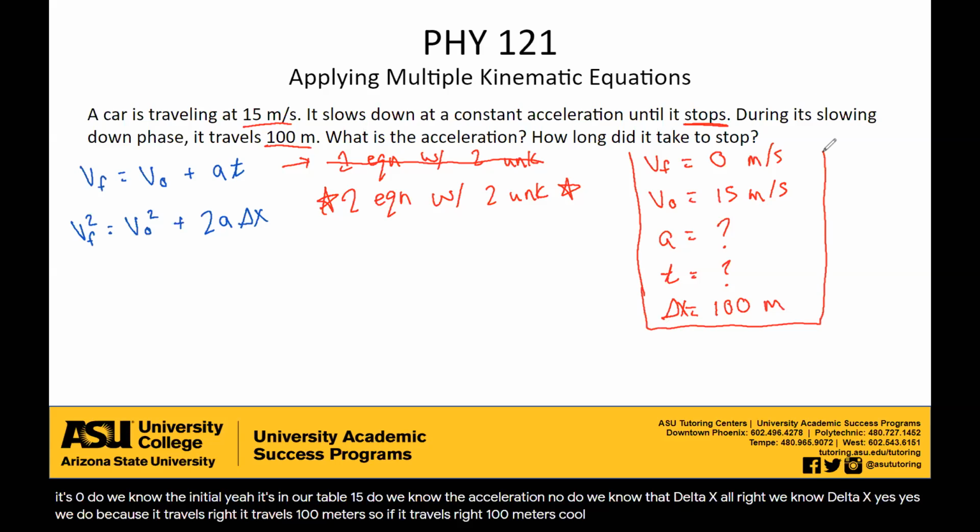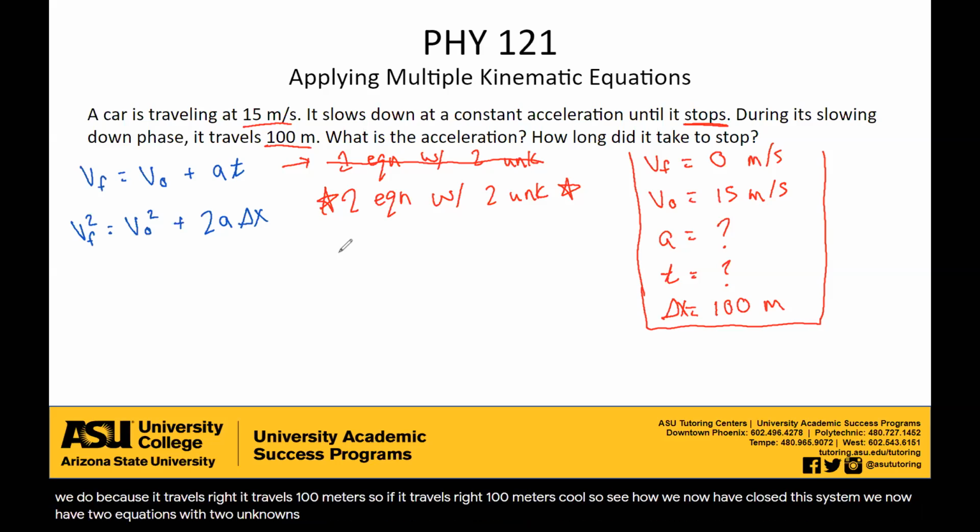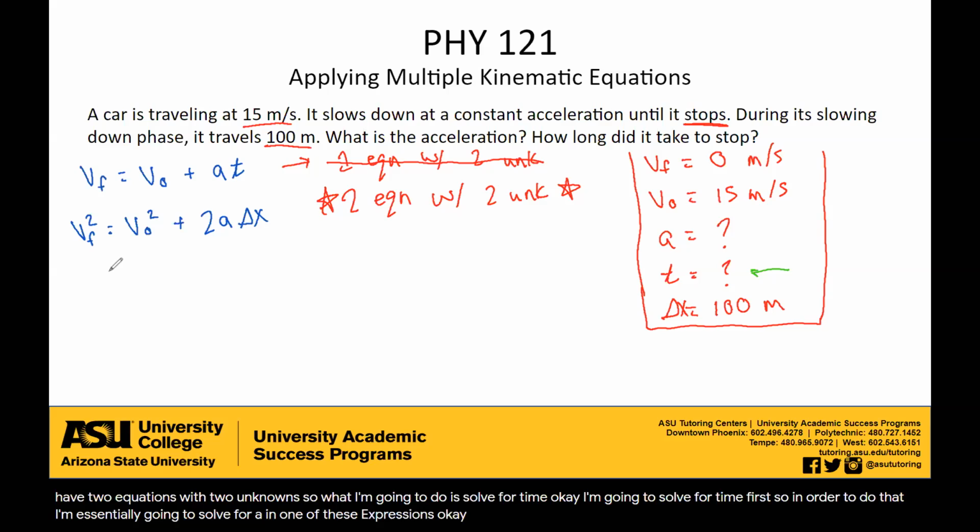Cool. So see how we now have closed this system? We now have two equations with two unknowns. I'm going to solve for the acceleration first, by solving for a in the v final squared equation.